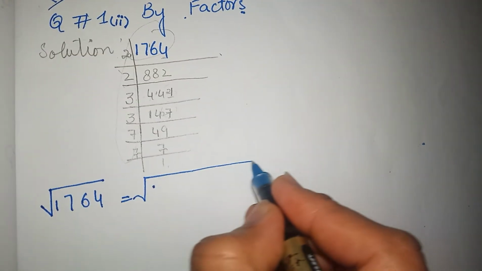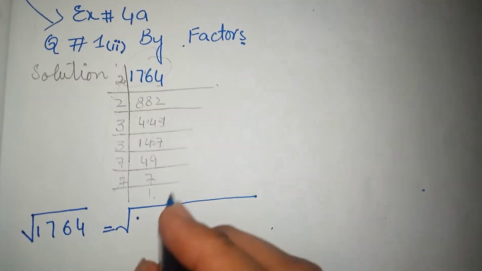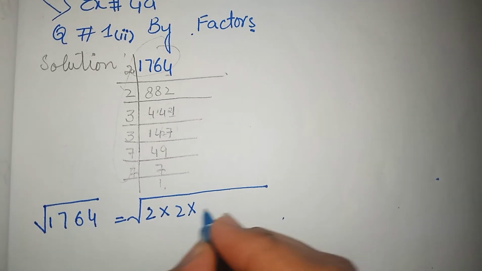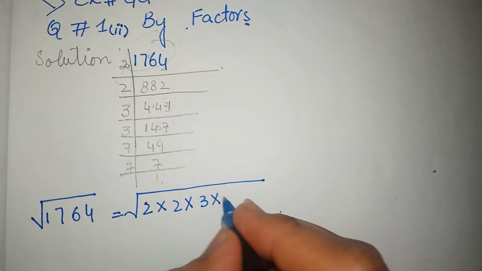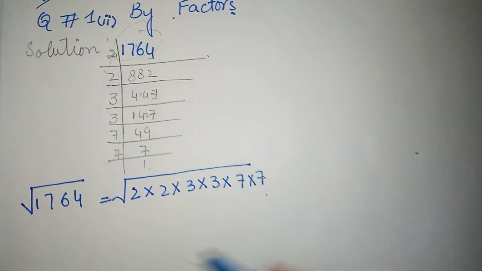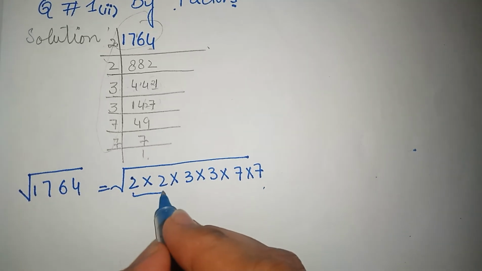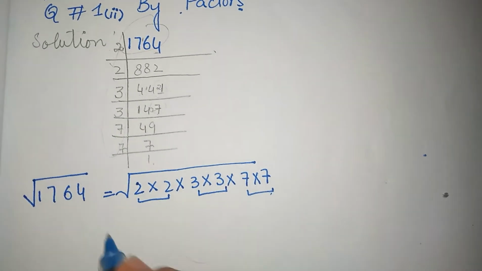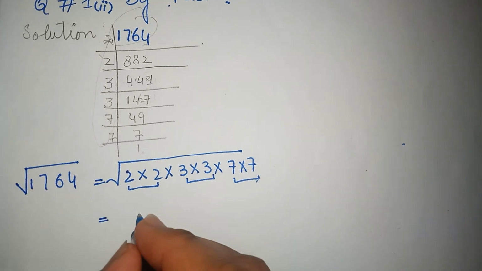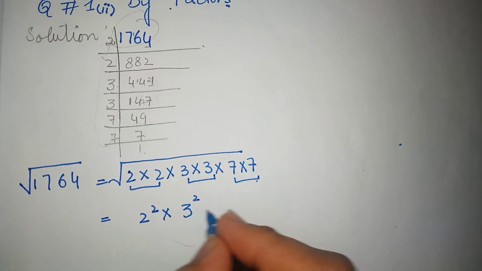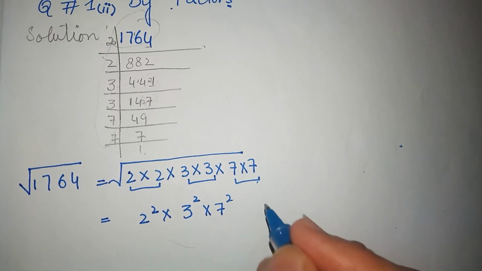We will apply a square root over here, and write all the factors of this number: 2 multiplied by 2 by 3, then 3, then 7 and 7. Here you can see this is a pair of 2, a pair of 3 and a pair of 7.